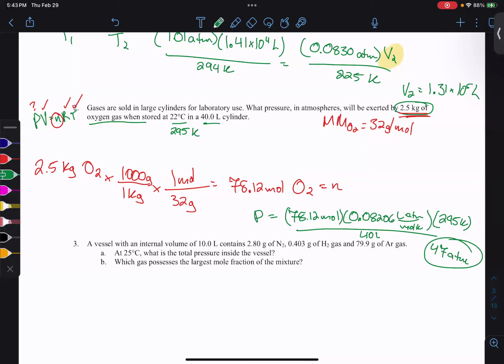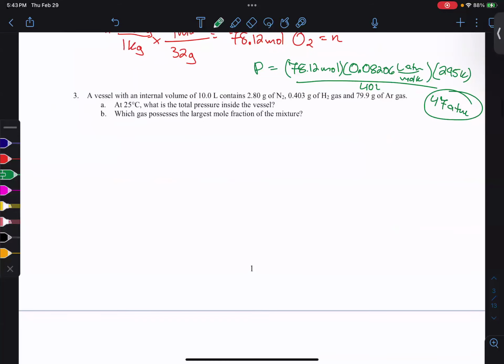All right, okay, so there's that one. Let's do another one. Okay, mole fraction, where we have a mixture of gases. So the idea is, at STP, if you put 1 atmosphere, 0 degrees Celsius, and 1 mole into PV = nRT, you see that 1 mole of gas equals 22.4 liters of volume.